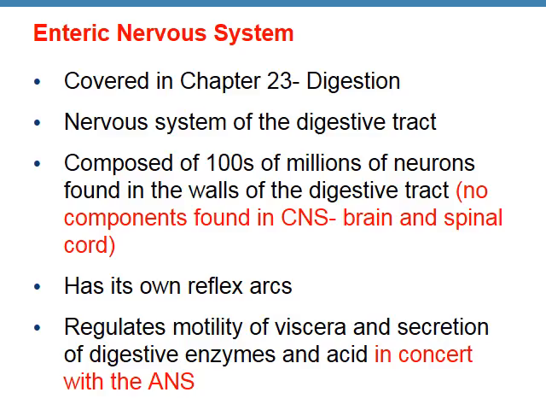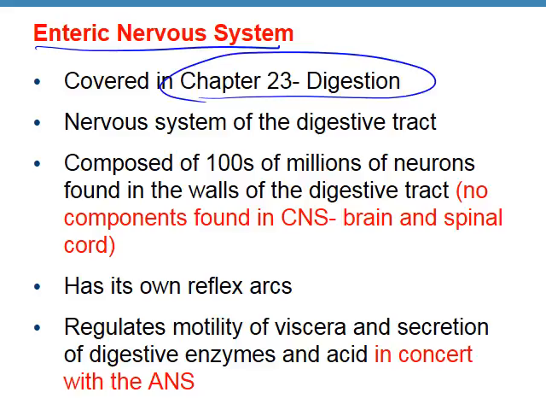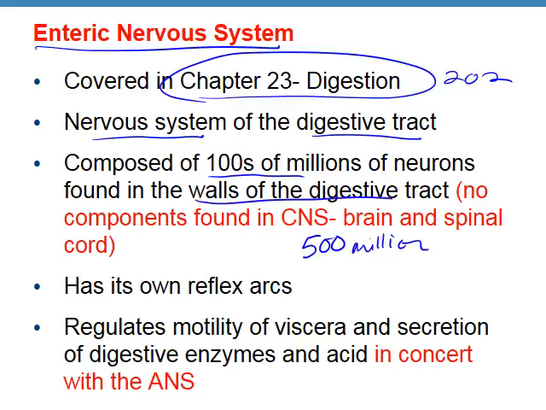We need to talk about the enteric nervous system. This will be covered in chapter 23 in 202, but I want to mention that the digestive system has its own nervous system. It's composed of hundreds of millions of neurons. Some sources will say up to 500 million neurons found in the walls of the digestive tract. There are no components found in the central nervous system, brain, and spinal cord.